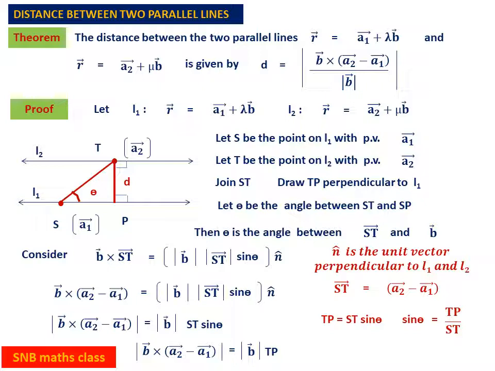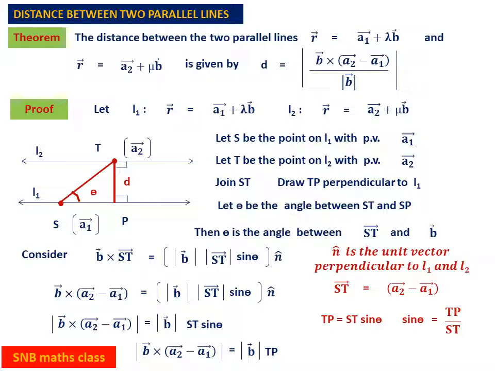Now magnitude of B cross A2 minus A1, if you take the magnitude, then right side also you have to take magnitude only: magnitude B, magnitude ST, because the magnitude of unit vector N is 1, therefore it is ST sine theta.